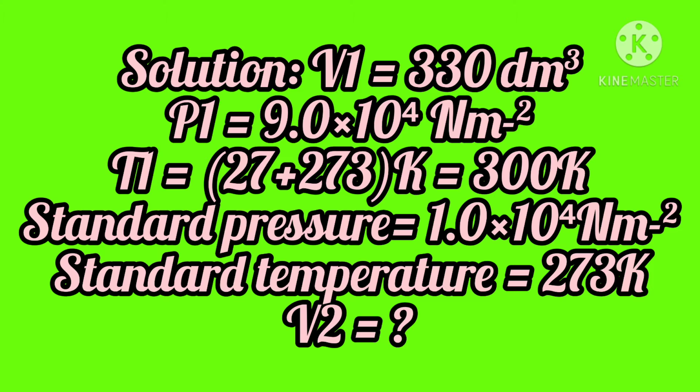The first volume V1 is 330 cm cube, P1 is 9.0 times 10 to the power 4 Newton per meter squared, and T1, the first temperature, is 27 plus 273 Kelvin, which is 300 Kelvin. Standard pressure is 1.0 times 10 to the power 5 Newton per meter squared, whereas standard temperature is 273 Kelvin, and we are looking for the second volume, the final volume.